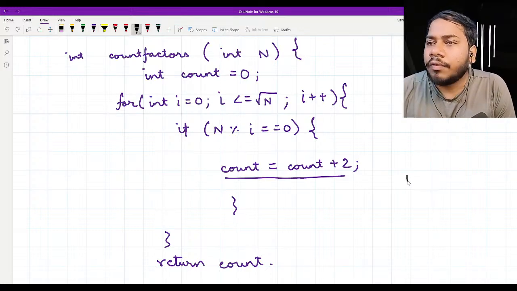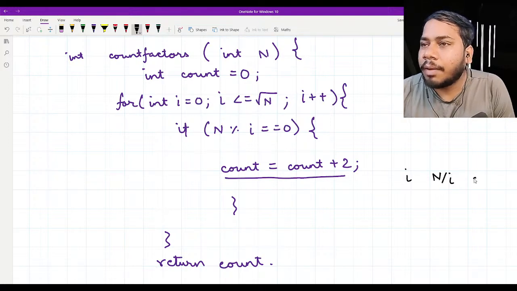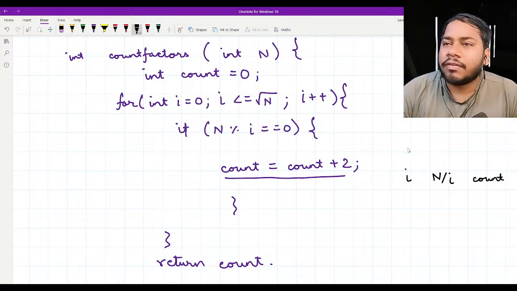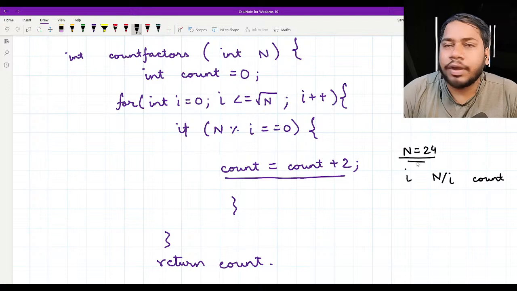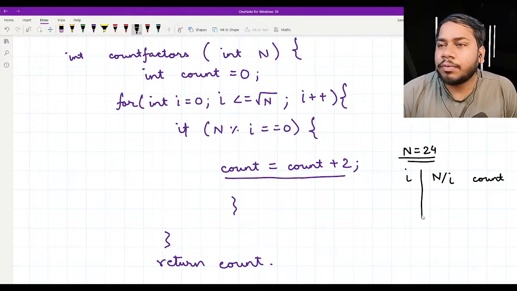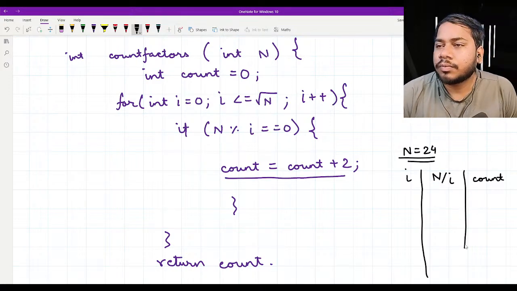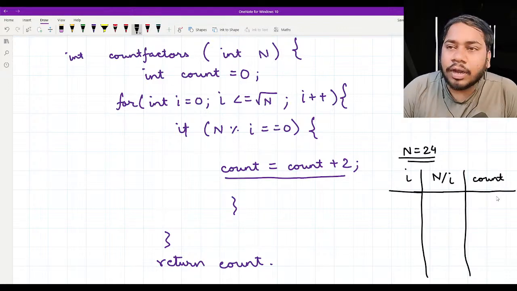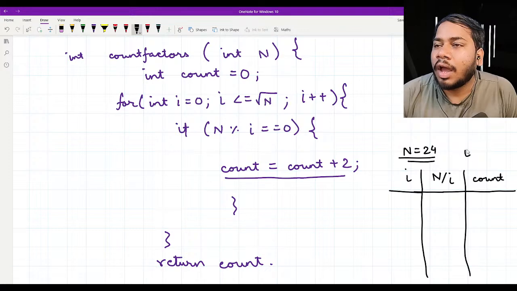So we will have I, we will have n by I, and we will have count. We will have these three things, right? And suppose n is equal to 24. And we have to go till I should be less than equal to root of n, right?